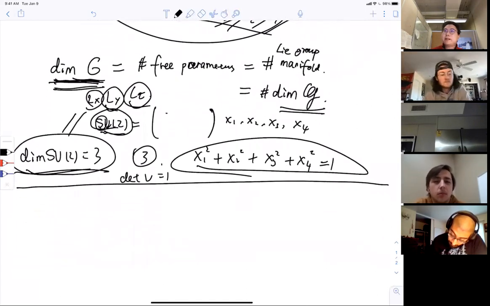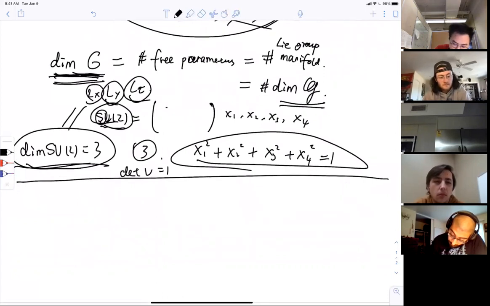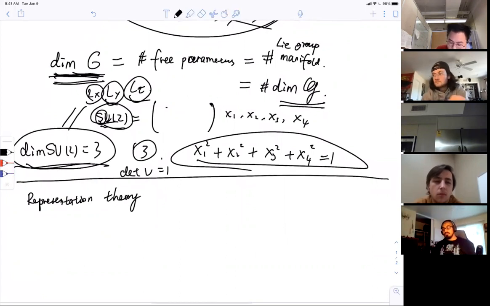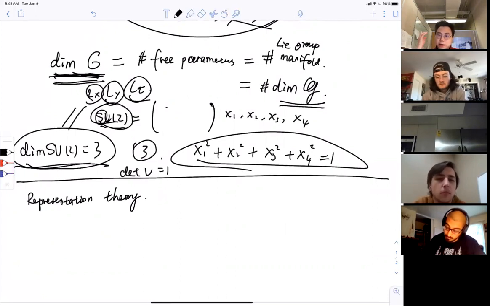Okay, so the next thing I want to say is about representation theory. So far we only talked about the group in a very abstract manner. It's like, okay, we have some elements, we have some operations that satisfy some rules, right?